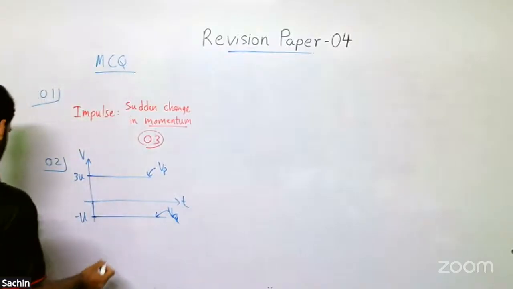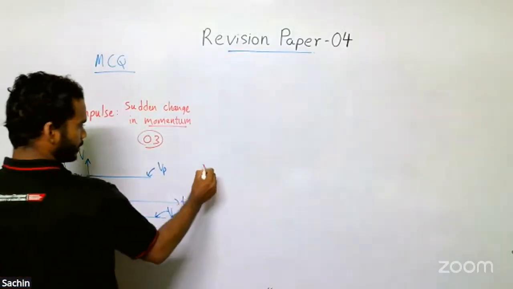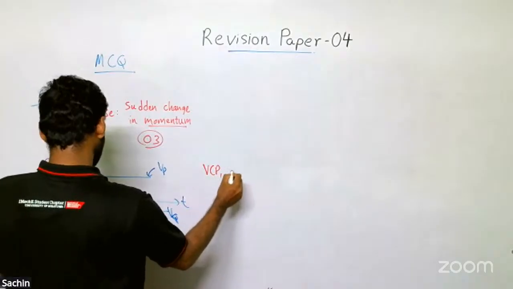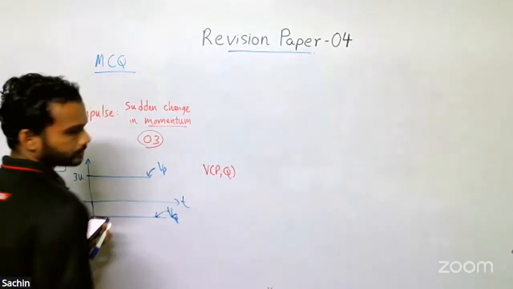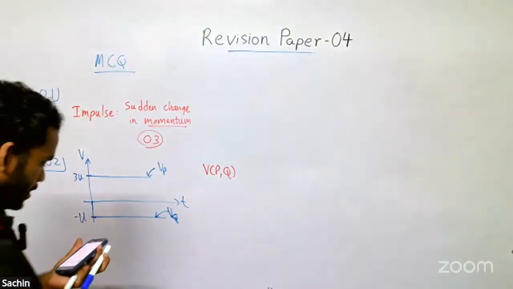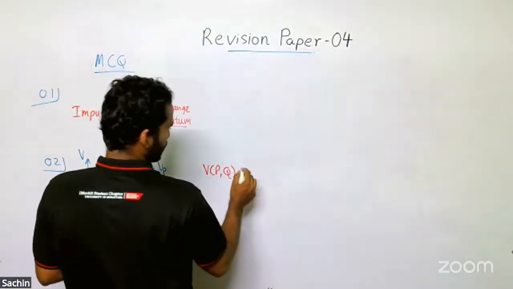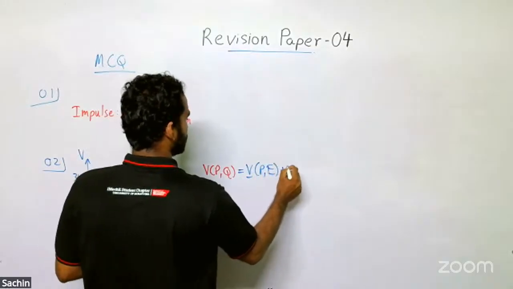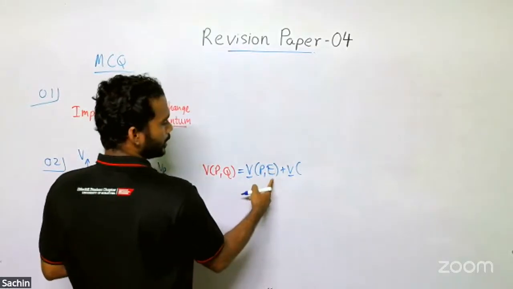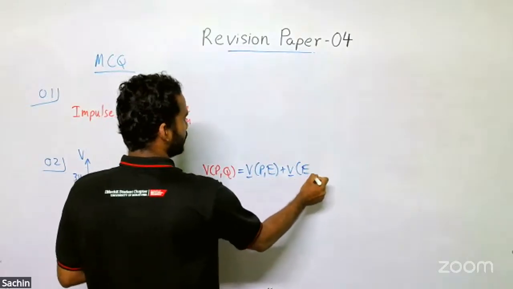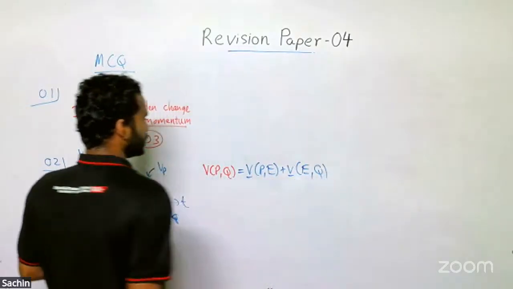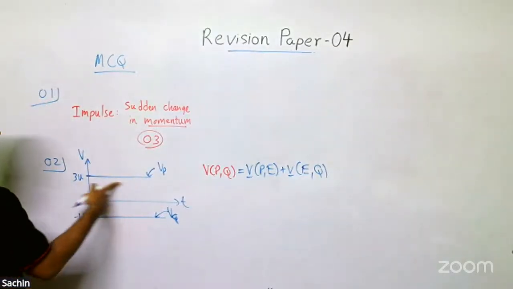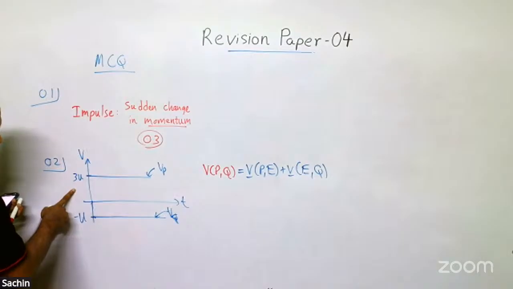So here they ask the variation of velocity of P relative to Q. Expand this, you'll find this is equal to velocity of P relative to Earth plus velocity of Earth relative to Q. You see here the velocity of P is measured positive.